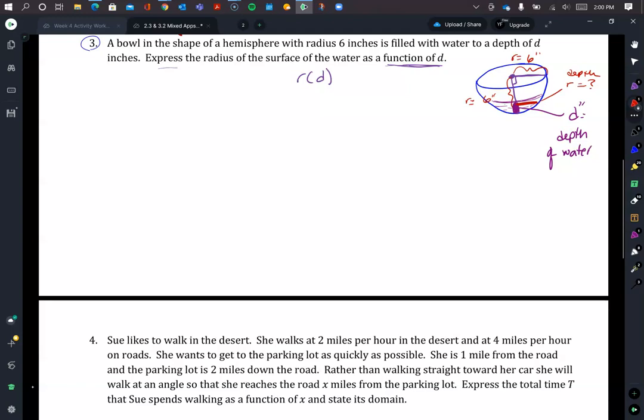So see if you can do that. I'm going to give you a hint that you're going to use the Pythagorean theorem. So you have to figure out what triangle you want to look at in here, and if you can label this in terms of what I'm given for the bowl, then that will help you. What are the missing pieces?